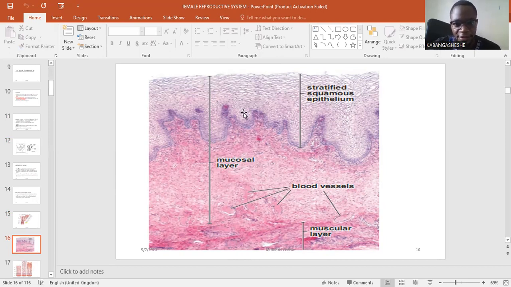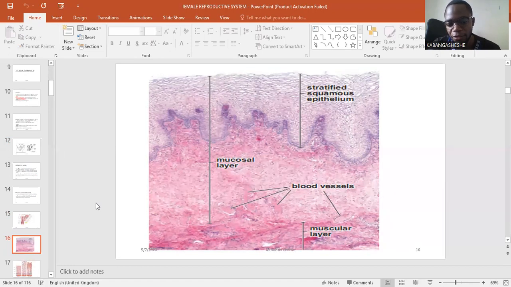So 4 layers: mucosa, submucosa, muscle layer, and adventitia. What type of mucosa do we find in the vagina? The vagina is composed of stratified squamous epithelium, non-keratinized, similar to what you find in the esophagus. So in terms of comparison, the two tubes are similar.